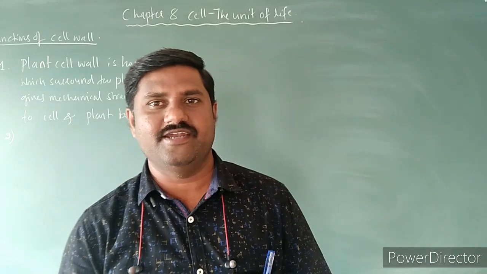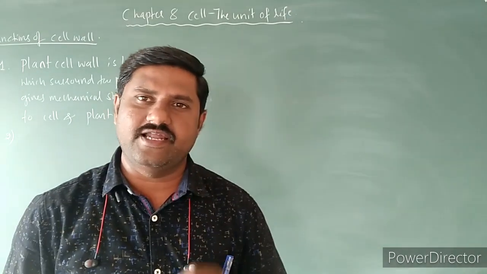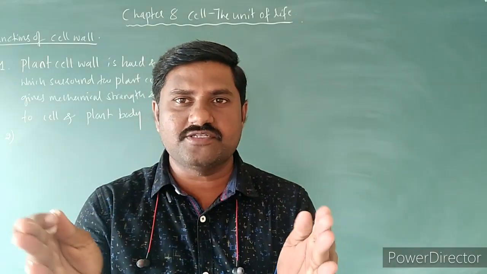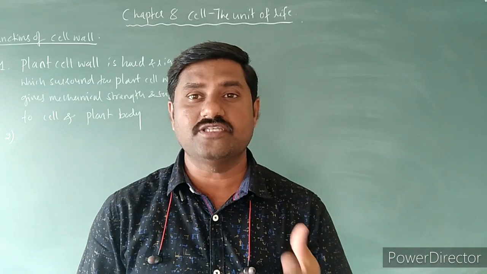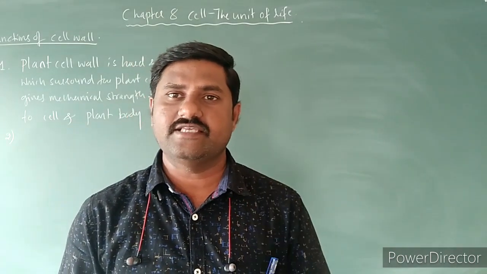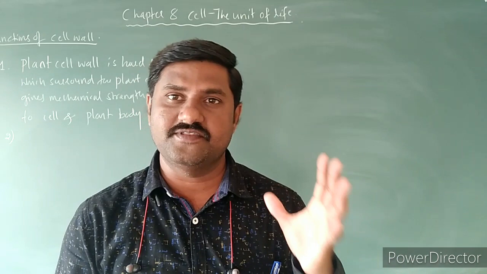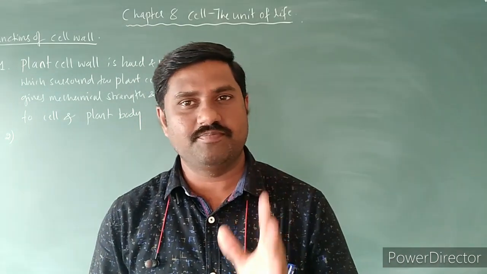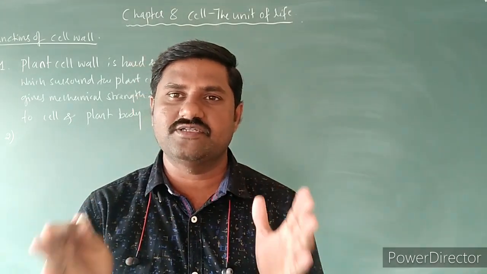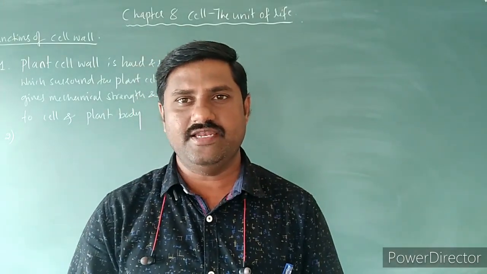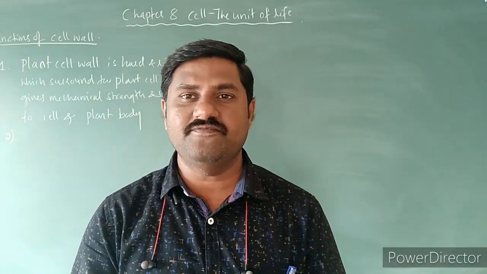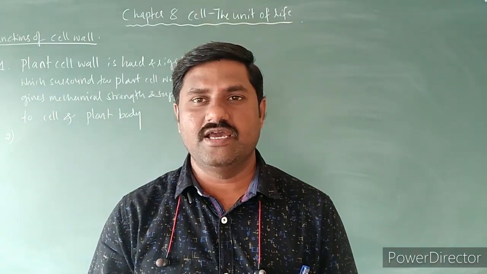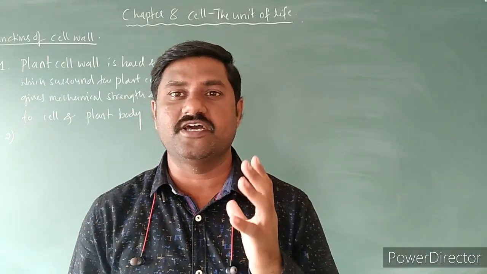What is the second function? I said it is hard and rigid. Since it is hard and rigid, it prevents the expansion of the cell. In an animal cell there is a possibility of expansion and even rupturing of the cell membrane, but in a plant cell the cell wall does not allow the expansion of the cell. It also helps in maintenance of turgidity.